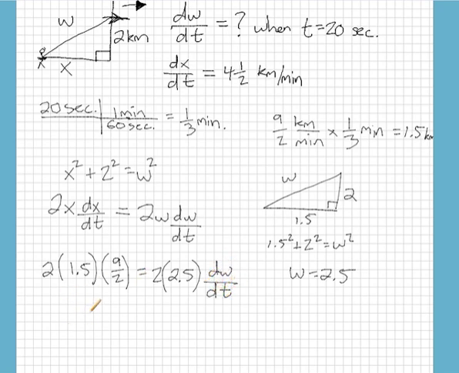I've done this work already, so if we solve for dw dt, we get 2.7. That's the rate of change of the distance from the airplane to the statue when time equals 20 seconds.